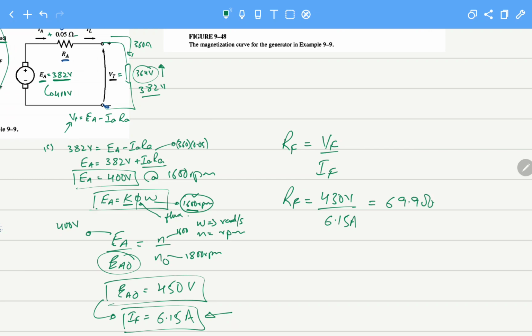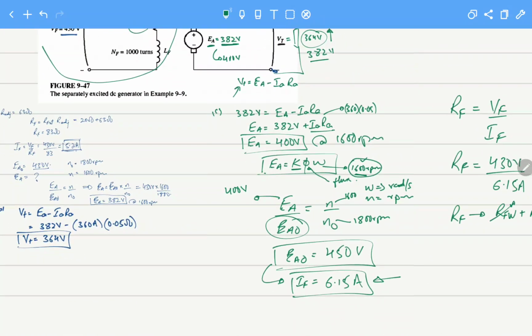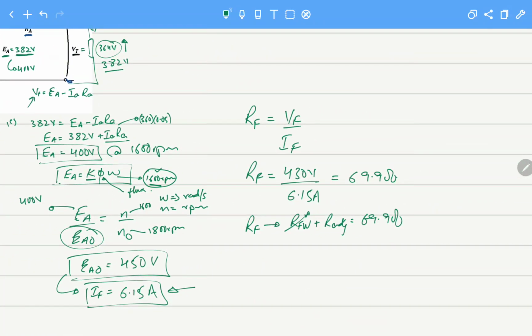This equals 69.9 ohms. But we know that RF is actually R field winding plus R adjustable, equals 69.9 ohms. The field winding resistance, that is the fixed resistance, is 20 ohms. So how much should we select R adjustable?